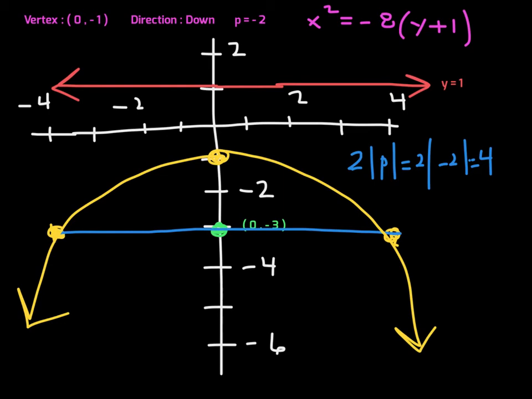Let me give you the coordinates for those 2 points we found. All right, you guys, there's the graph of our parabola opening downward with the directrix and the lattice rectum even drawn, and the endpoints of the lattice rectum, the focus, the vertex. It's all there for us. Pretty cool, no? All right, next example.